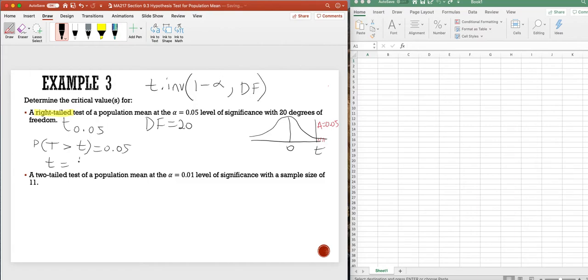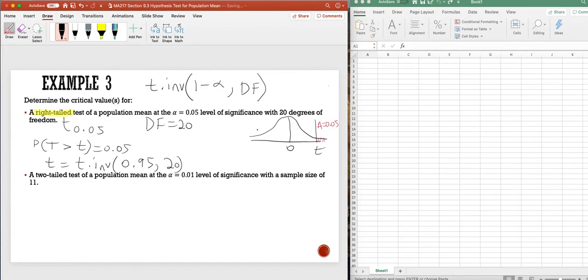So we are using T.INV of 1 minus 0.05, which is 0.95 for the area to the left of this value of t, and the degree of freedom is 20.